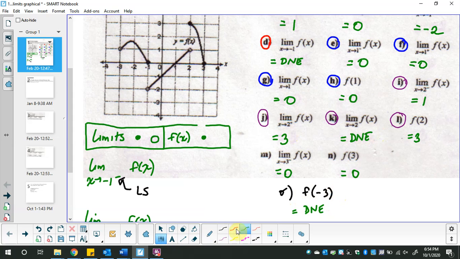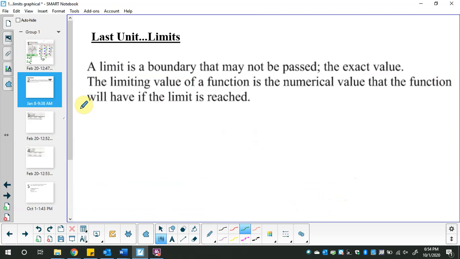So both of them. So the next thing I'd like to uncover is this, which is actually the title of the note, not necessarily the last unit stuff. Limits are pre-calculus, so if you're going on to calculus, then you need to cover this again. It won't go away completely if you're going on past high school calculus, but it is the beginning of the calculus course in calculus and vectors. So a limit is technically a boundary that may not be passed.